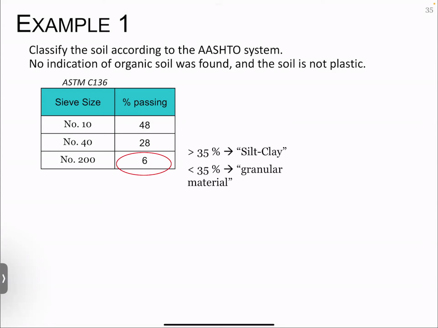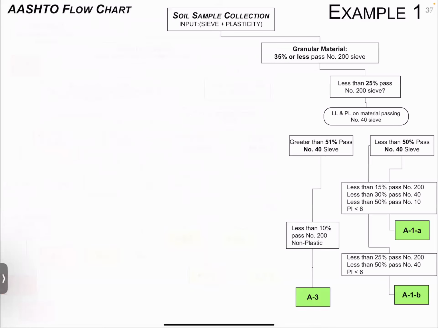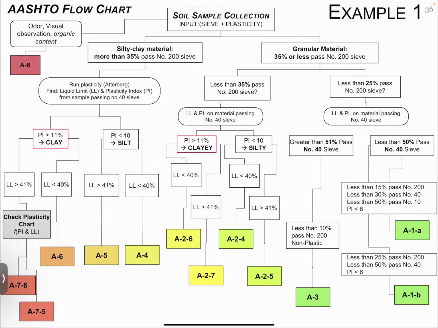This 6% passing is less than 35%, so that means it'll be primarily granular, which is good. We know it's less than 35%, but is it also less than 25%? Yes, it's 6% passing.